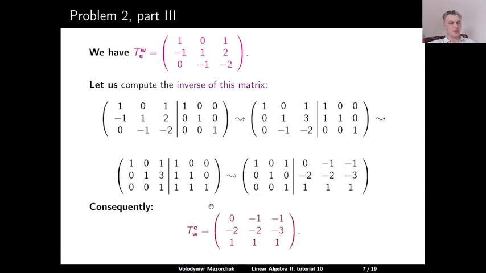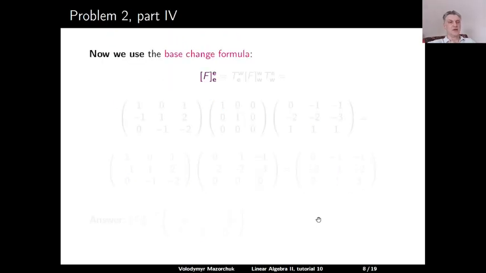Consequently, the transformation matrix from W to E is the matrix 0, minus 1, minus 1, minus 2, minus 2, minus 3, 1, 1, 1. So now we can use the base change formula. So the matrix of F in the standard basis is the product of the transformation matrix from the standard basis to W times the matrix of F in W times the transformation matrix back.